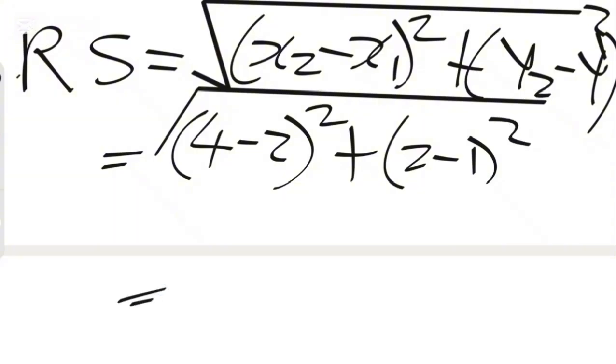When you punch this, what's the value? I got root 5.